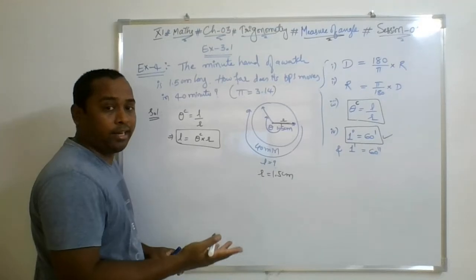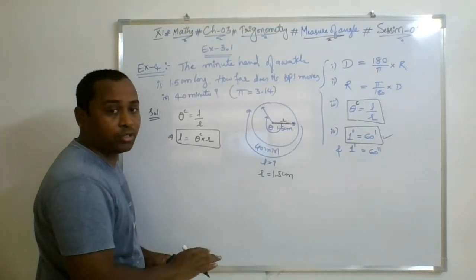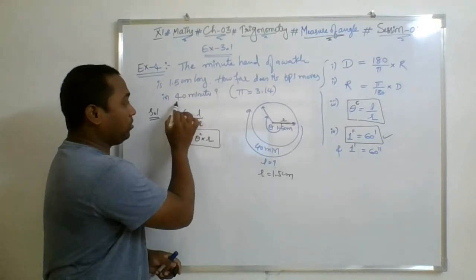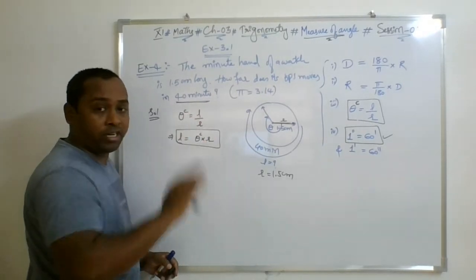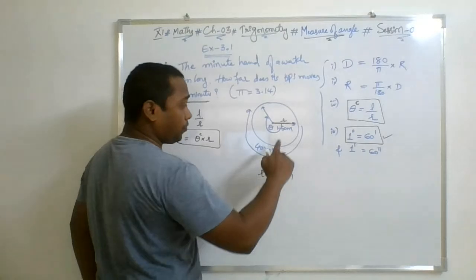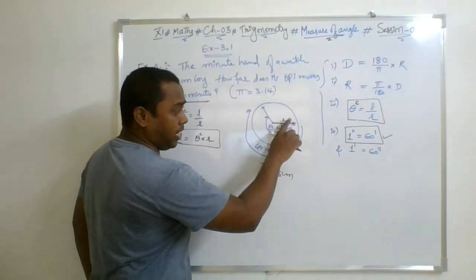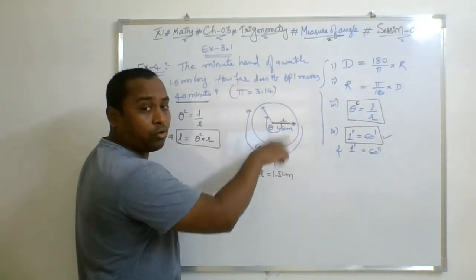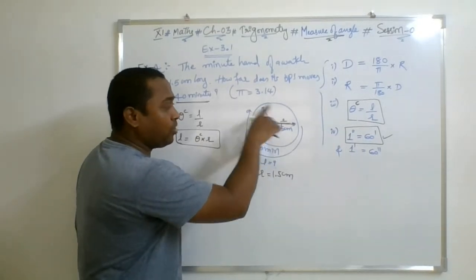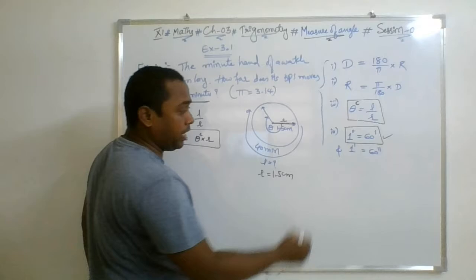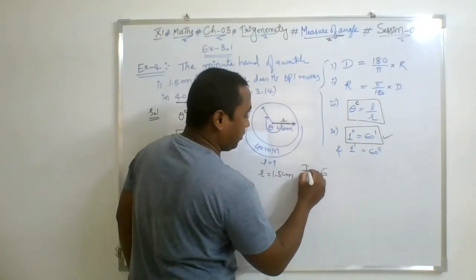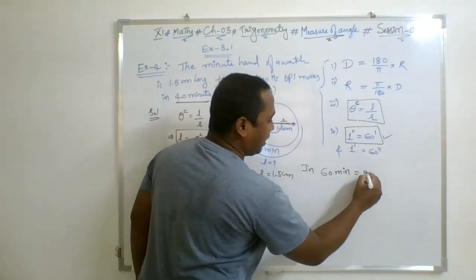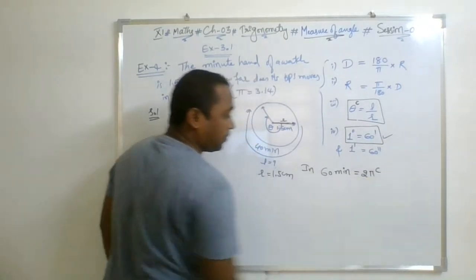We don't know the degree measure, we don't know the radian measure, but we have one hidden piece of information. How much time has passed? 40 minutes. Just imagine the minute hand rotating through 60 minutes, right? If it rotates 60 minutes, how much angle is formed in terms of radians? In 60 minutes, how much angle will it rotate? 2 pi radians.